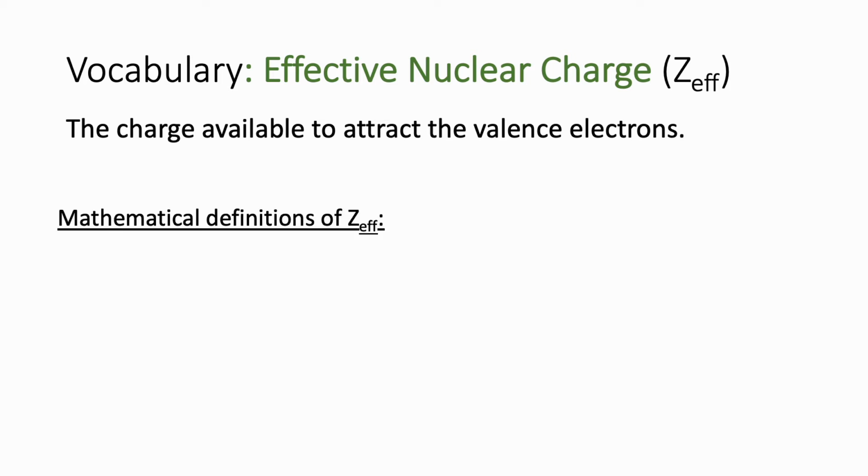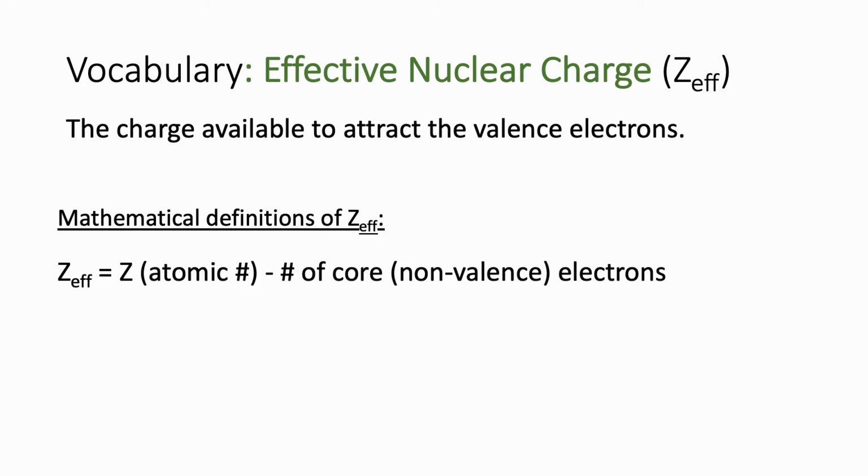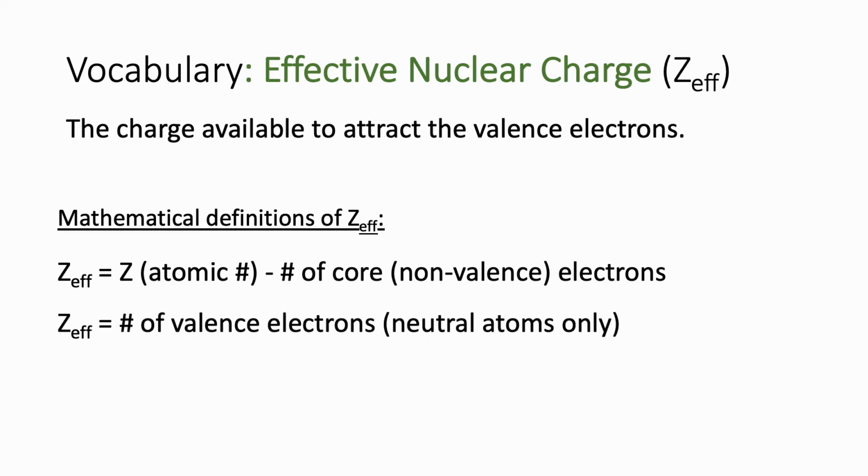So there are a couple of different ways you can define effective nuclear charge mathematically. The effective nuclear charge is going to be the atomic number, Z, minus the number of core electrons, which are basically the number of electrons that are not in the valence shell. There have been times when people have asked me, hey, if that's true, isn't the effective nuclear charge the number of valence electrons?